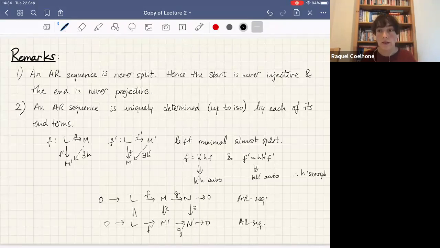So the Auslander-Reiten sequence is uniquely determined by the starting point, but you can prove the same for the end point. Okay, so we've seen that an Auslander-Reiten sequence cannot start at an injective, it cannot end at a projective, but they are uniquely determined when they exist, right, by the start point or the end point.